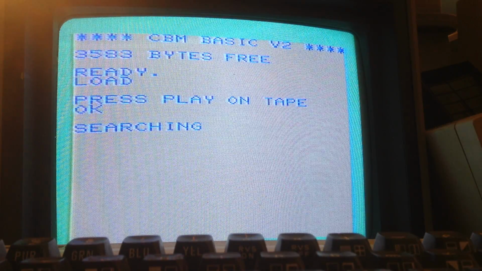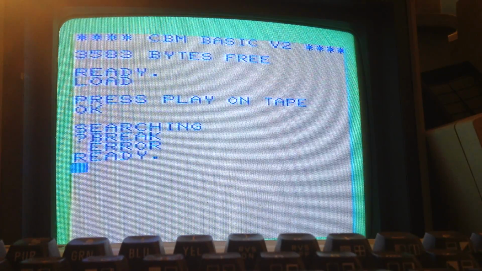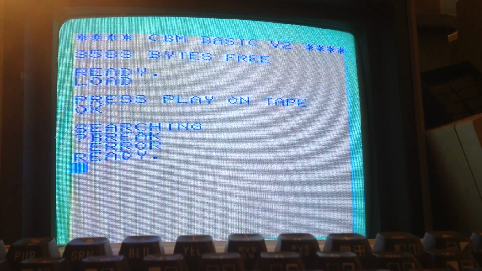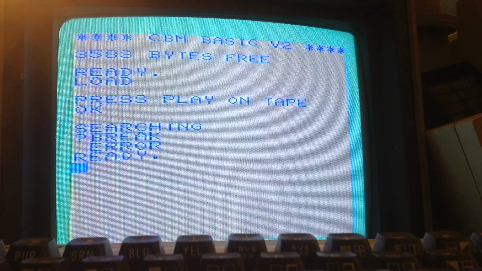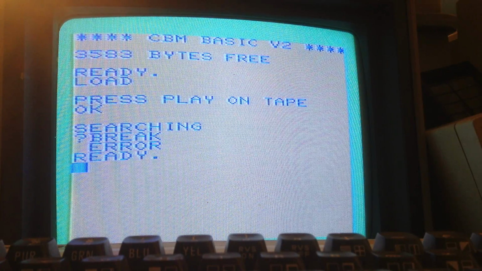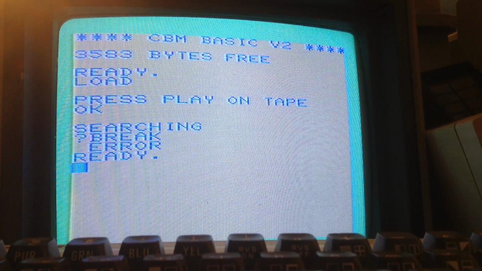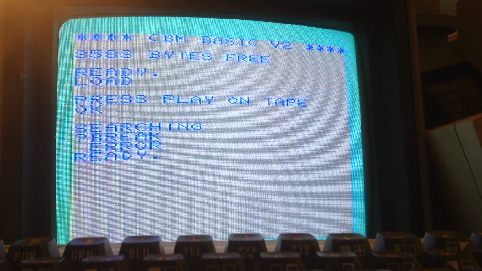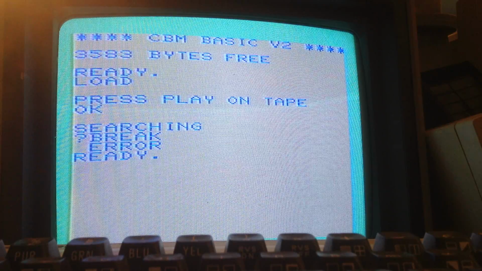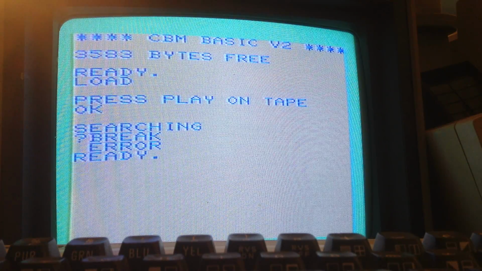Well, as patient as I am, I think we're going to fast forward. We're going to eject. We're going to go back to the other side. I'm going to make sure that the tape is in nice and smooth.